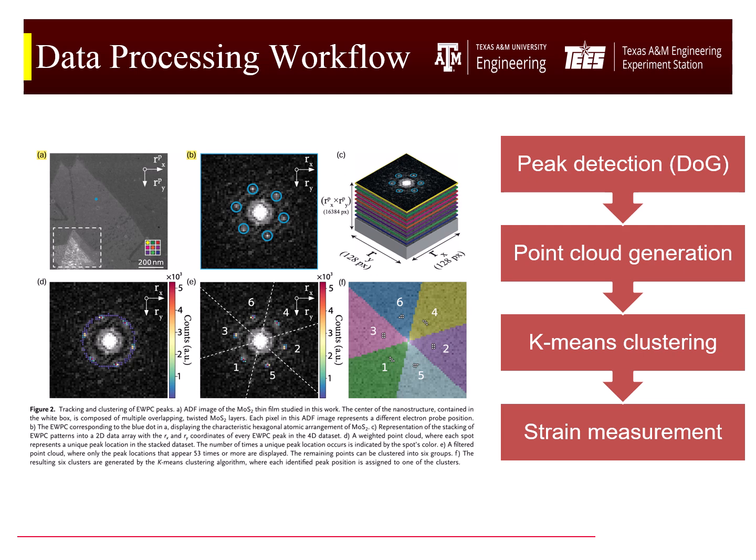And third one is clustering. K-means clustering is used to group peaks into distinct clusters corresponding to atomic arrangement or material domains. And the fourth one is strain measurement. The local strain is evaluated by comparing measured peak positions to those in a reference unstrained area.